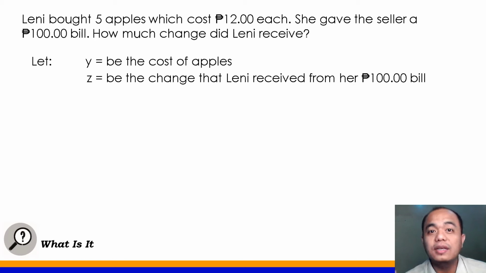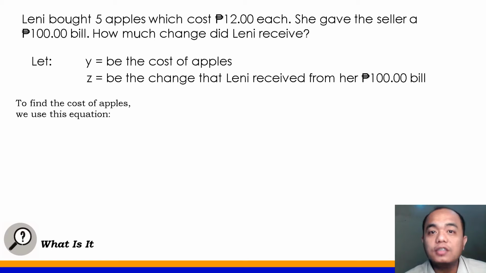And we will use the letter z to represent the change that Lenny will receive from her 100 peso bill. Yung letter Z na to, yung variable na magre-represent ng sukli ni Lenny na kanyang matatanggap. Naintindihan? Very good.